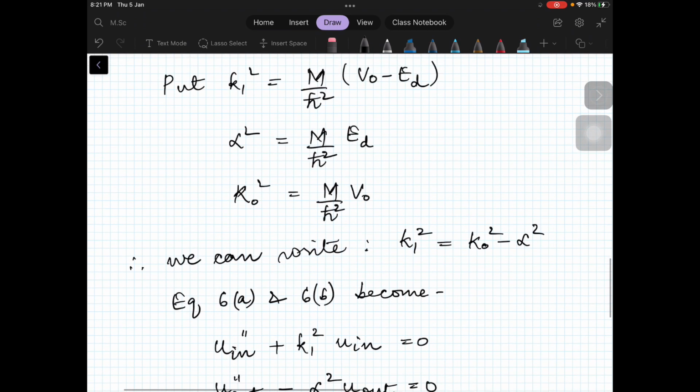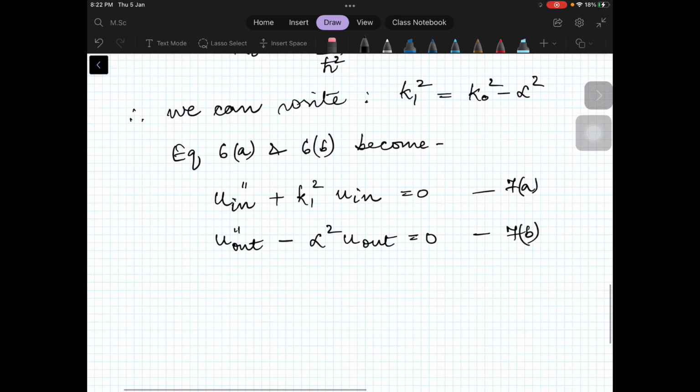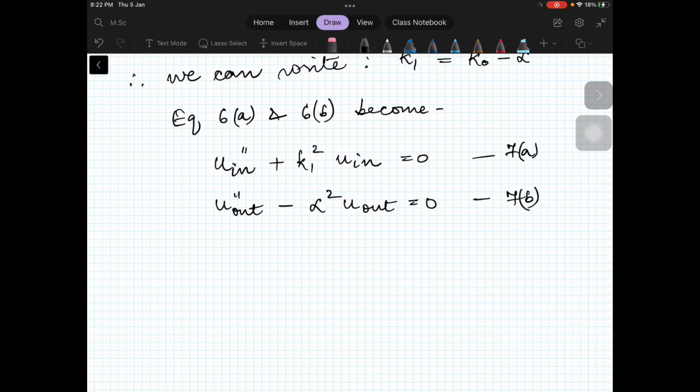Let's name these equations 7a and 7b correspondingly.